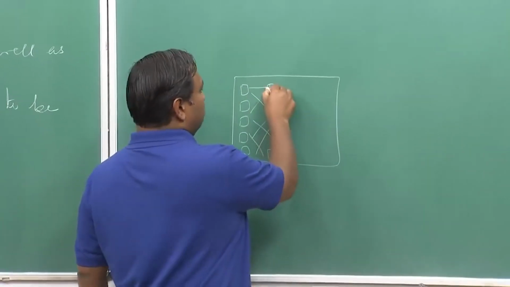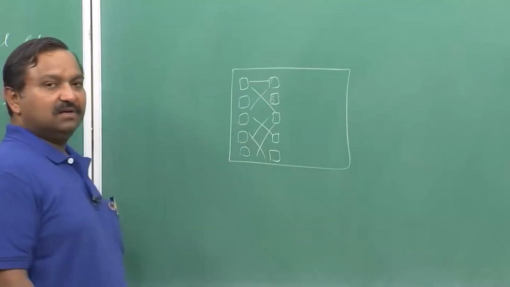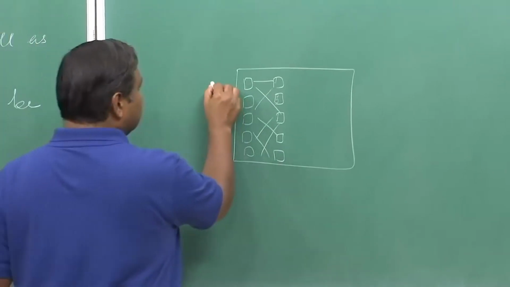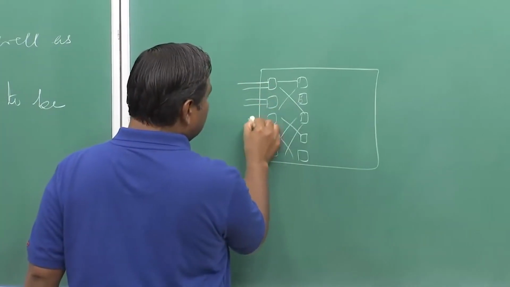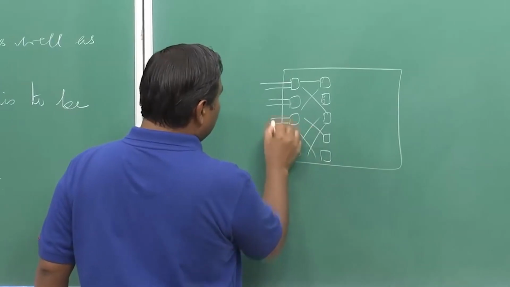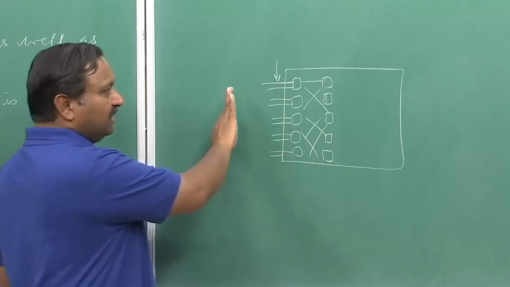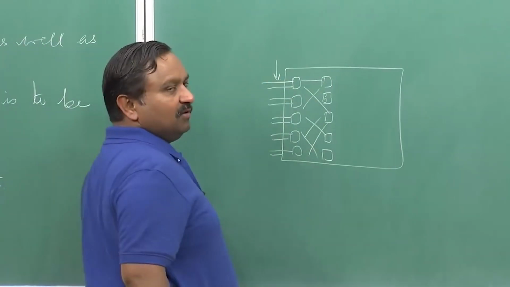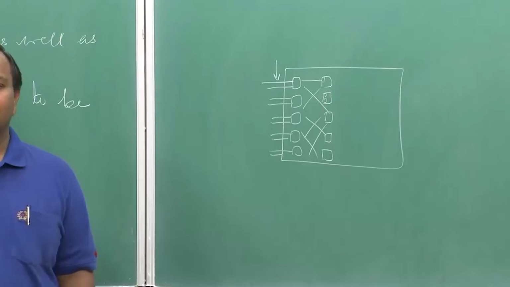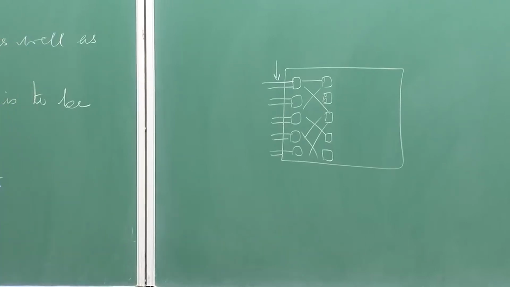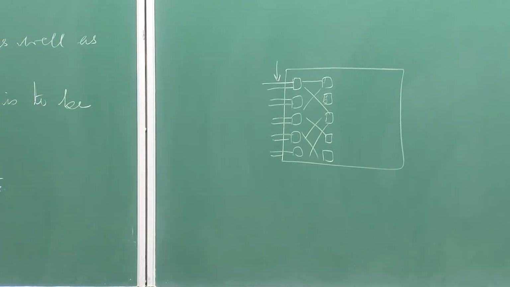Every switching element input will have a buffer. What I am saying is that these switch inputs will always have a packet available. The moment you push a packet out to the next stage, immediately a packet will come into the input. There will not be any instance when a packet is not available. So, that is a maximum loading condition.